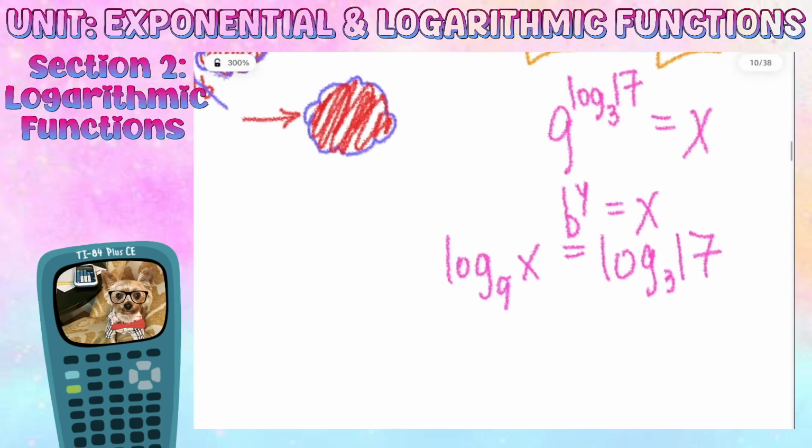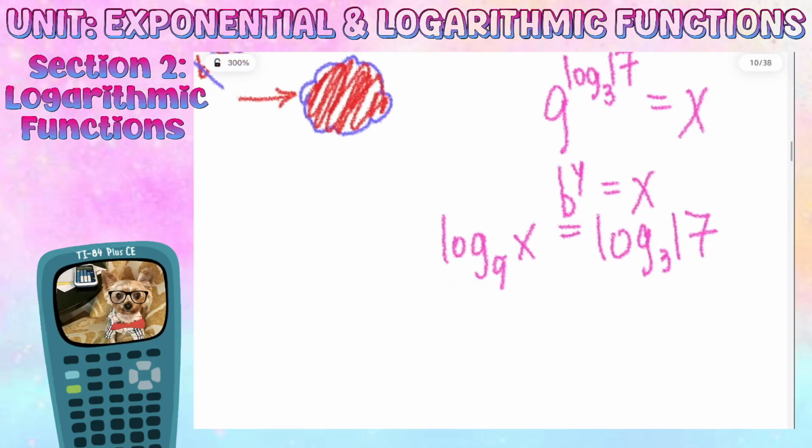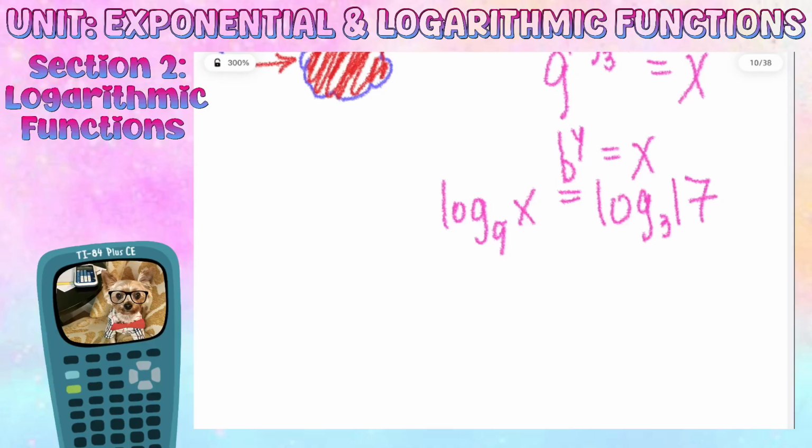Now again, I cannot use the one-to-one property and just cross everything out, but I can do a bit of a change of base formula. Actually I could have done that even earlier in another step, but that's okay. I'm just going to do it here. So I can make both of these bases, say, 3.